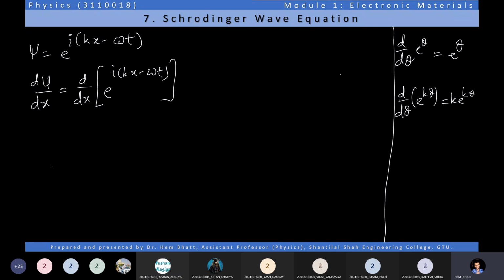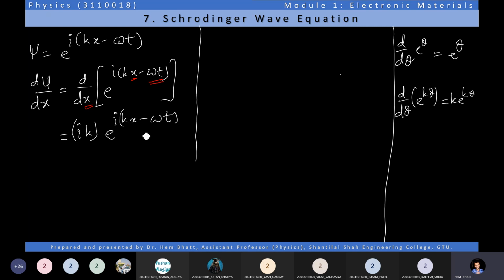So in this case, I don't need to worry about omega t. It becomes constant when you differentiate with respect to x. Who are the coefficients of x? k and i. So I'll have to write it as i into k e raised to i kx minus omega t. This is the first differentiation.